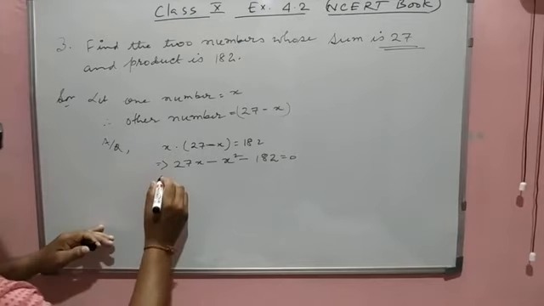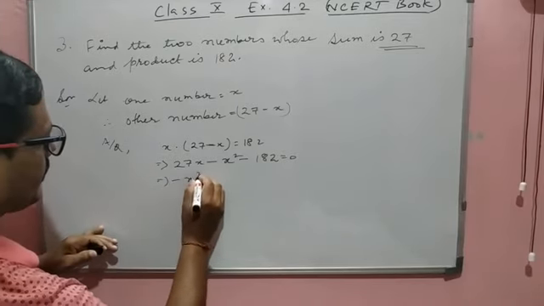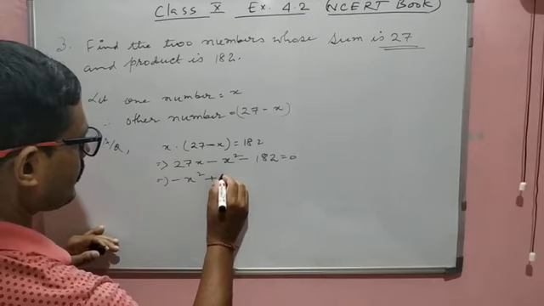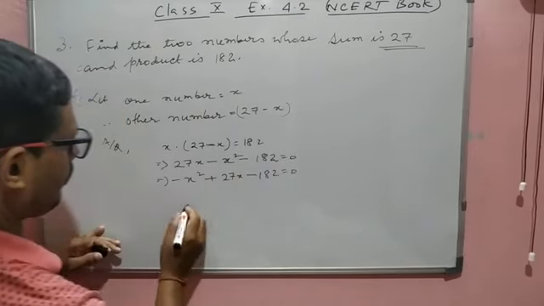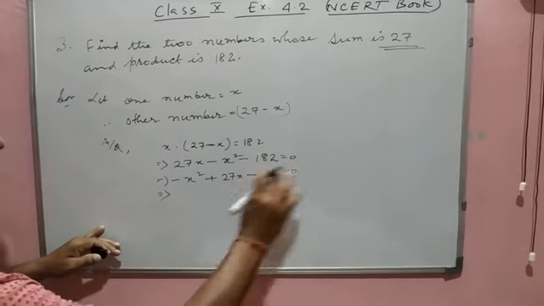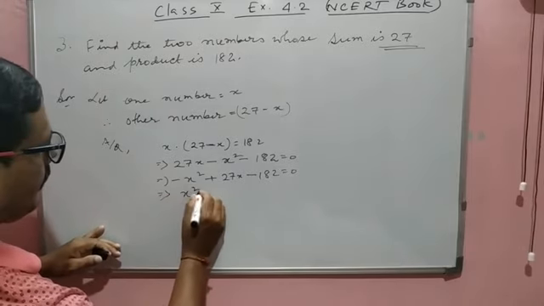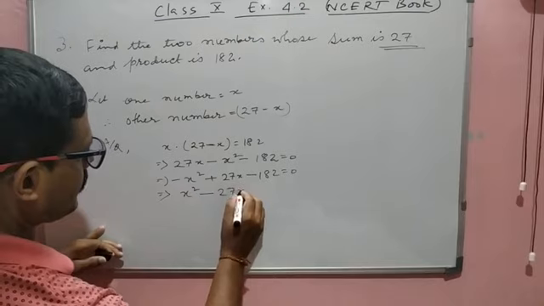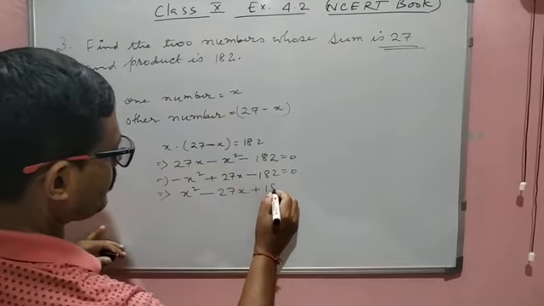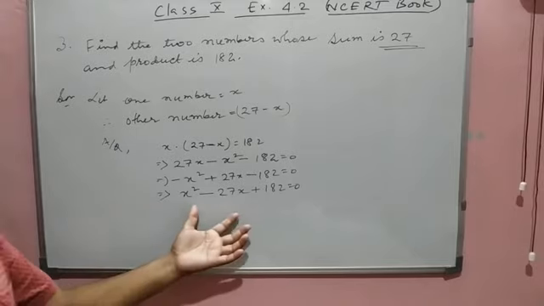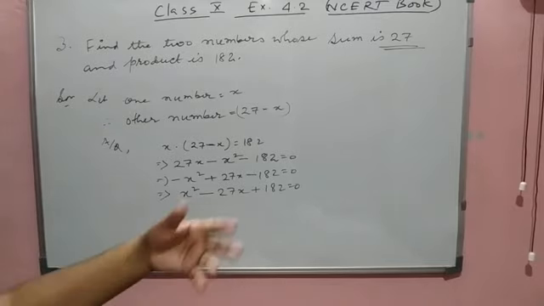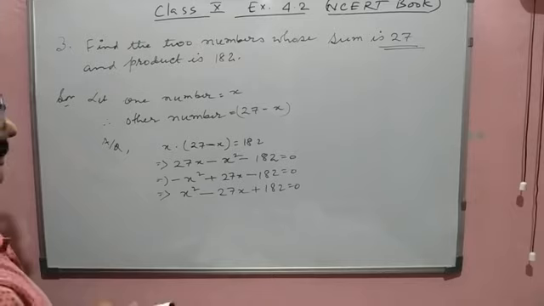Now let us write in standard form. It will be minus x square plus 27x minus 182 equal to 0. Now on multiplying by minus 1, we get x square minus 27x plus 182 equal to 0. Now this is the equation. Now we'll do the factorization method again.